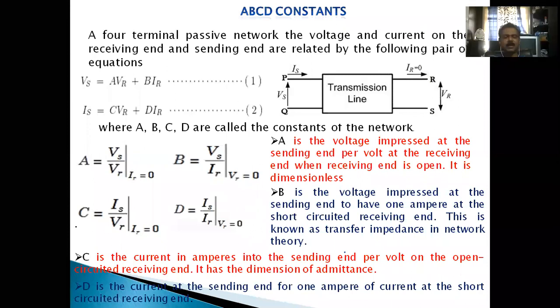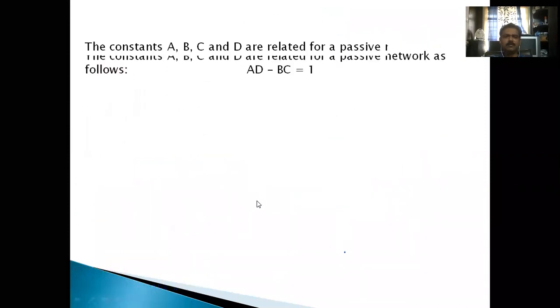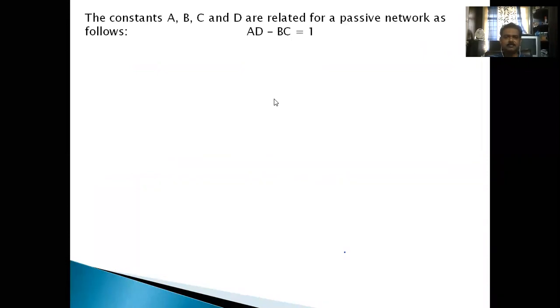We can represent any transmission line using these constants. Now I want to apply the same to our short transmission line. And one more thing, for a passive network we have the relation AD minus BC is equal to 1. If it satisfies AD minus BC equal to 1, the network is said to be a passive network. Transmission system is a passive network.